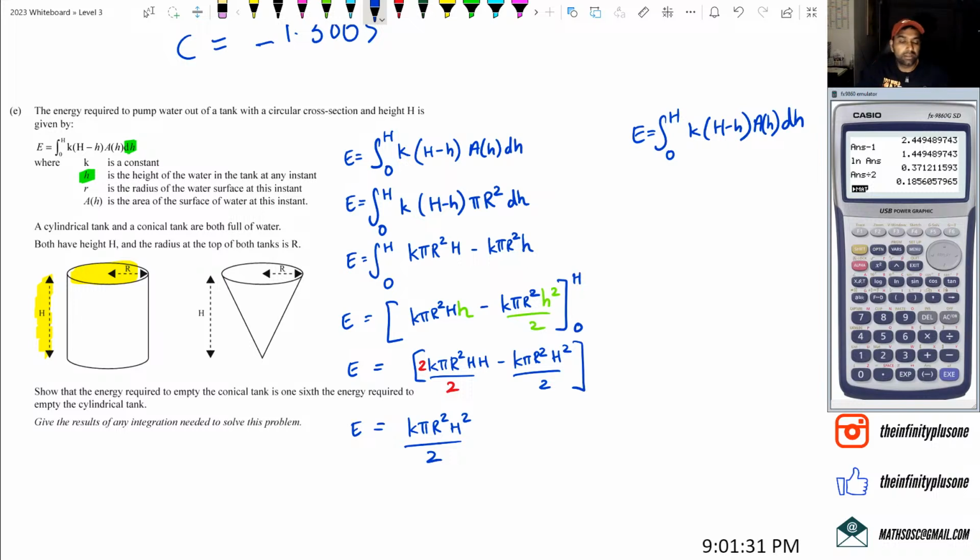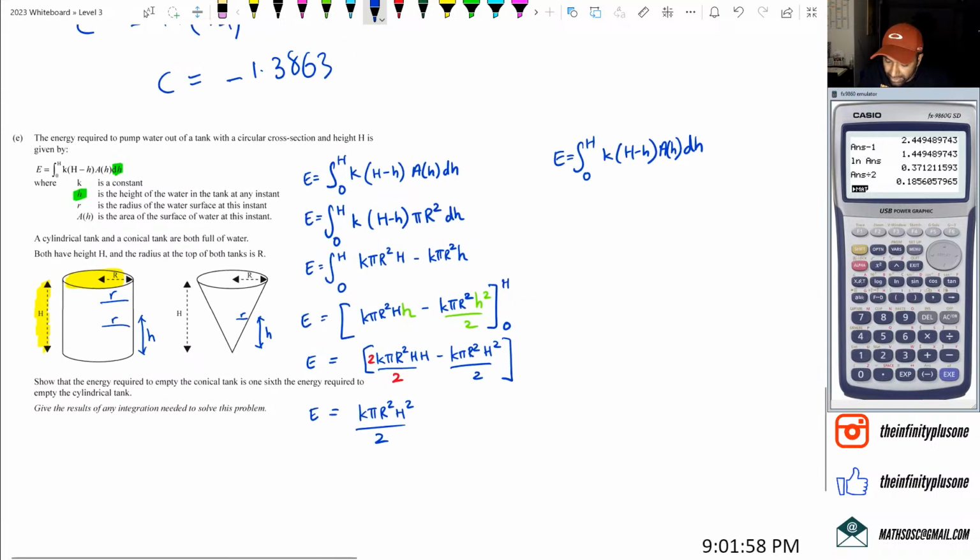The problem with the cone is that depending on what the height is, the radius is actually going to change. Because if you think about it, if the height of the water is here, then the radius is actually a lot smaller. That's not the case with the cylinder. The cylinder, regardless of where the height is, the radius is always going to be the same. But with the cone, the radius is actually changing.